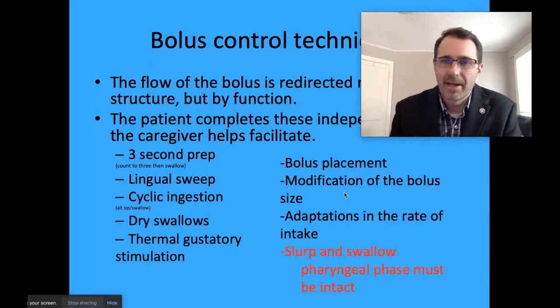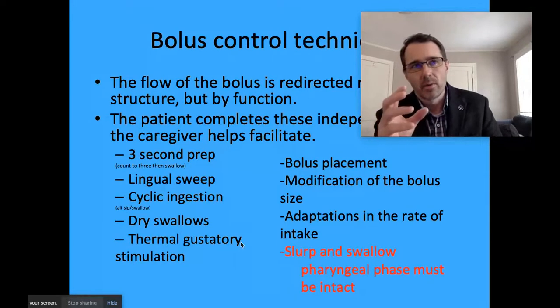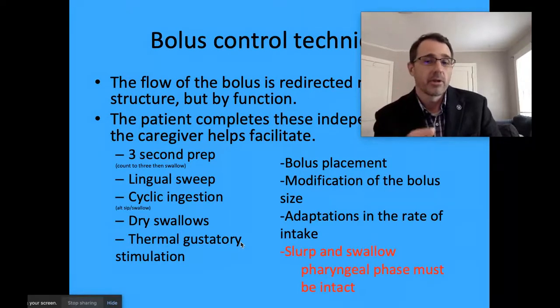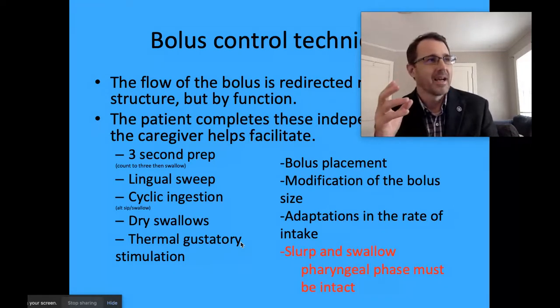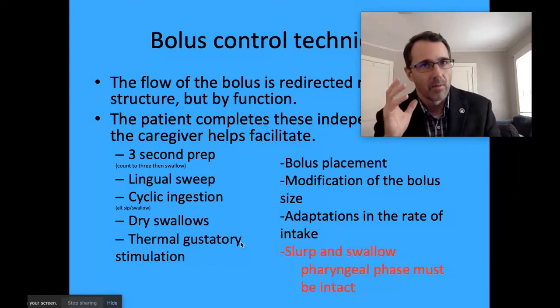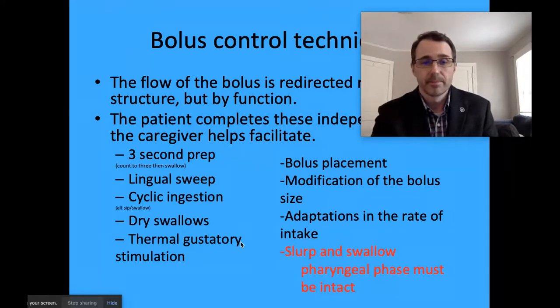One thing to keep in mind is that any strategy you put into place that you want the patient to be able to do, they're going to have to have the memory to remember to do it every single time.